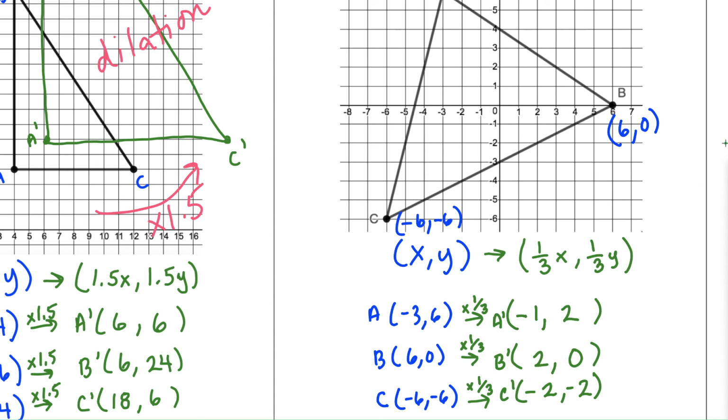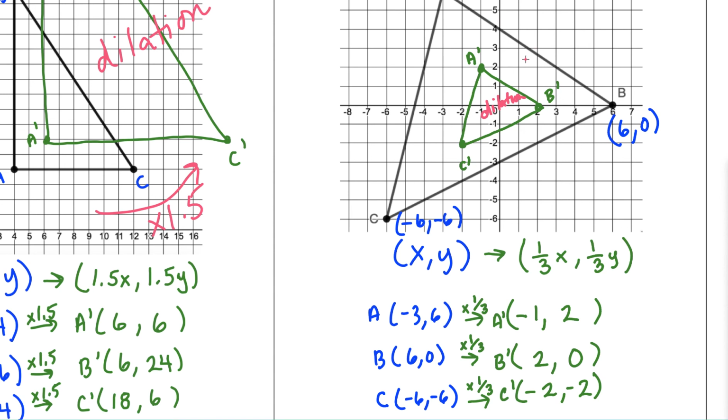All right, let's graph these. Negative 1, 2 is A prime. 2, 0 is B prime. And negative 2 is C prime. Cool. And then I need to label that this is the dilation.